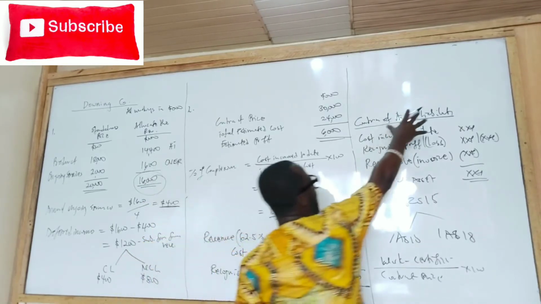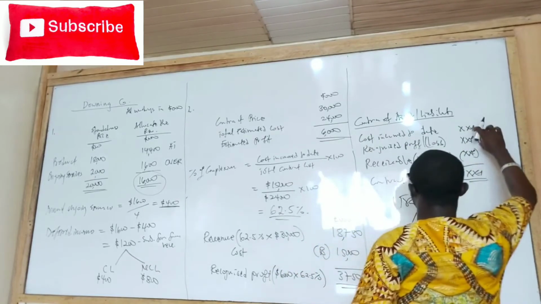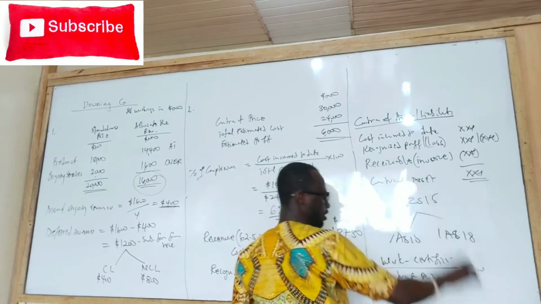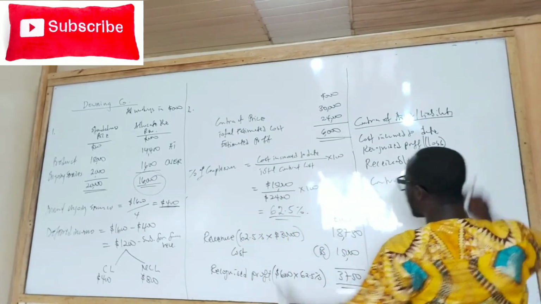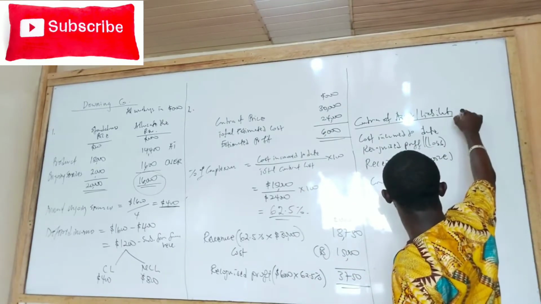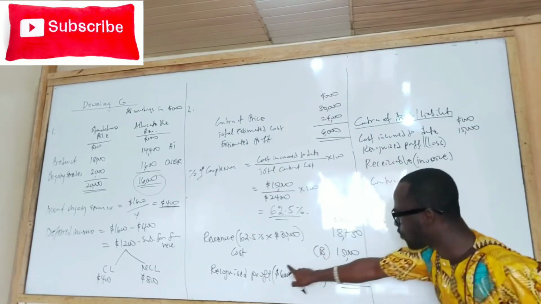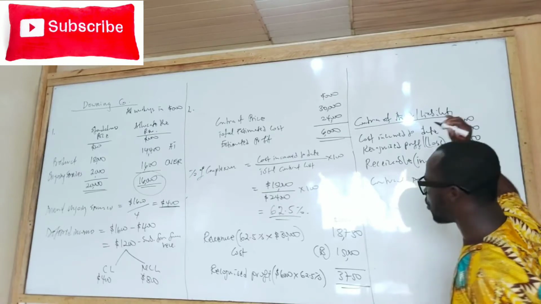So this is our pro forma. Cost incurred to date, recognized profit, we less the amount receivable, then we get a contract asset. So let's see what we got. What is our cost incurred to date? 15,000. Recognized profit is how much? 3,750.